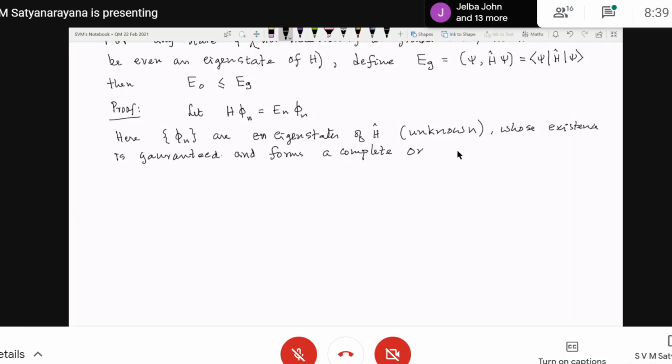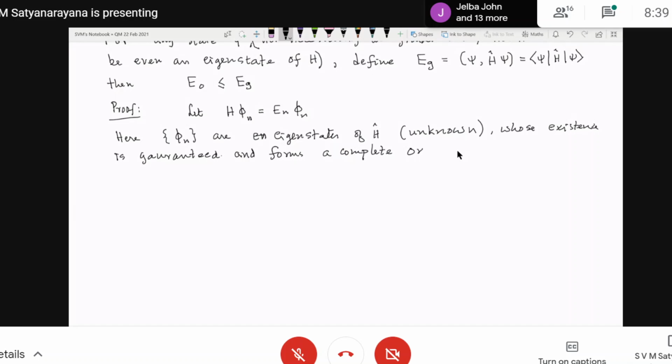If you choose psi, then Eg is the upper bound. Now you are getting something smaller than that. That means it is a tighter upper bound. So that means psi tilde is a better choice.